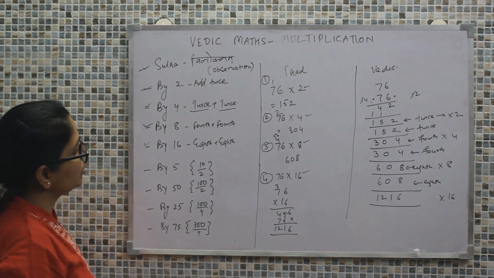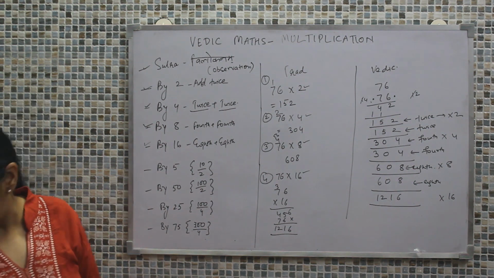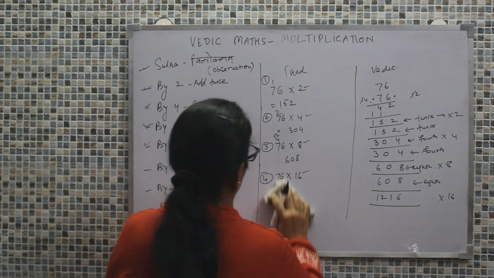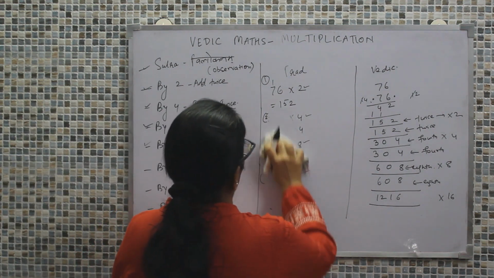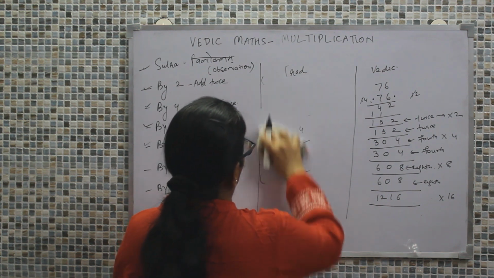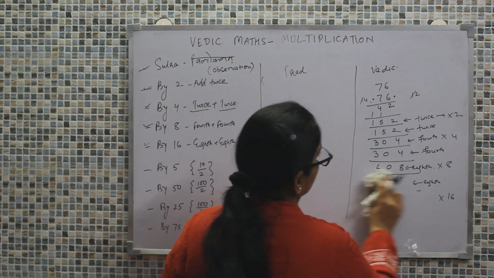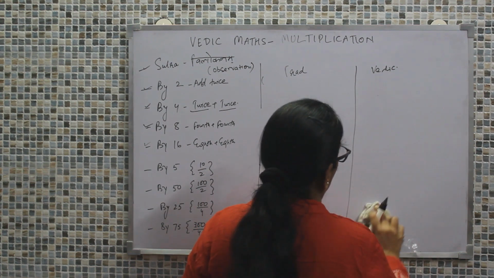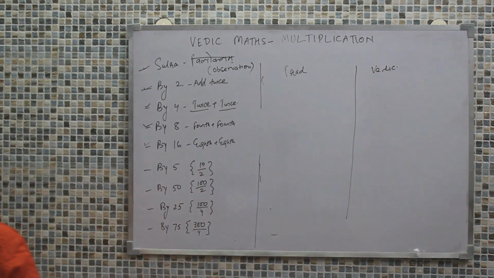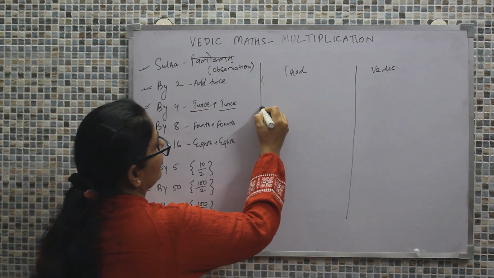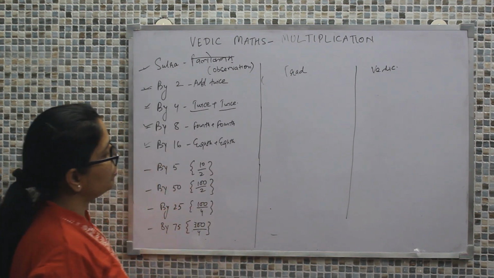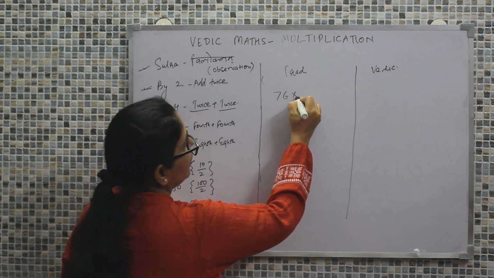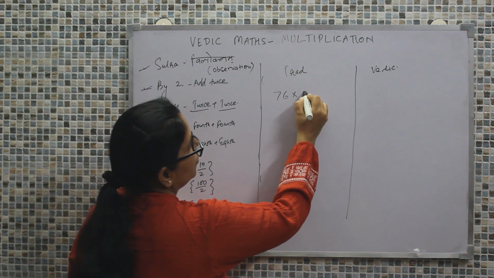Next we'll take up the multiplication by 5. Now the multiplication rule by 5, taking the traditional approach, we take the same value, 76 into 5.